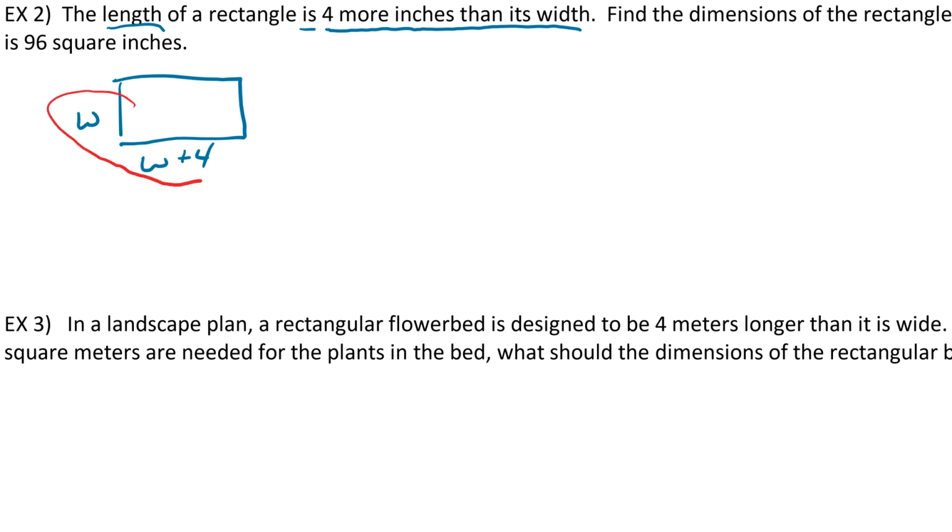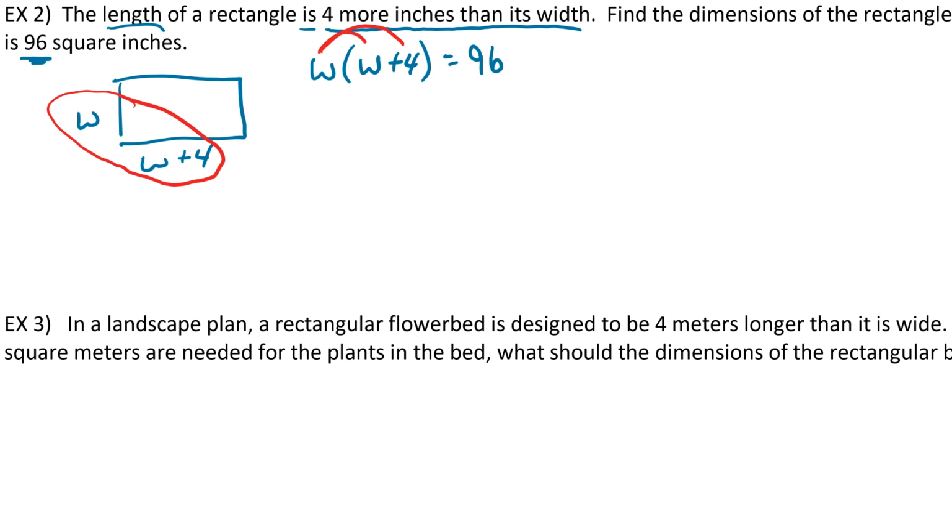And remember, we're still looking for area, so that means we're going to take these two and multiply them. So W times W plus 4 equals, for this one, we want it to equal 96 because that's the area we want. And now it's just a matter of solving again.